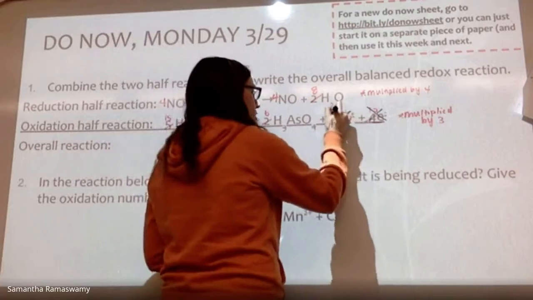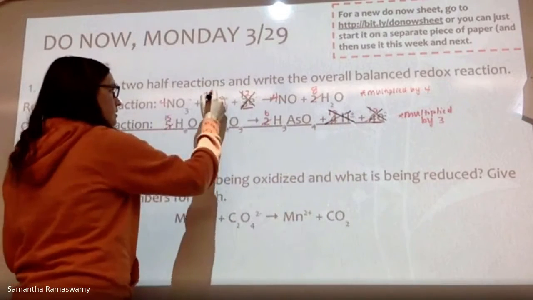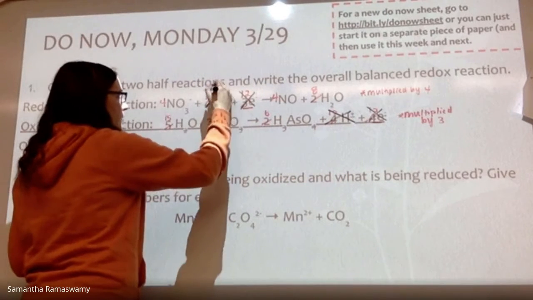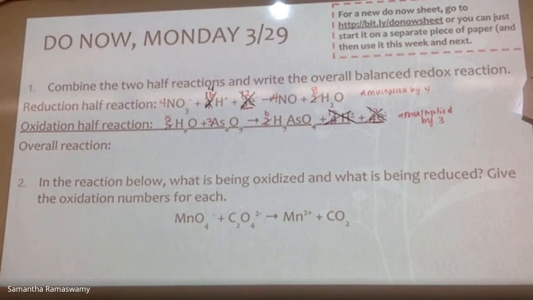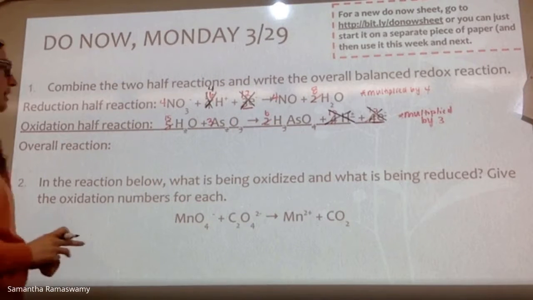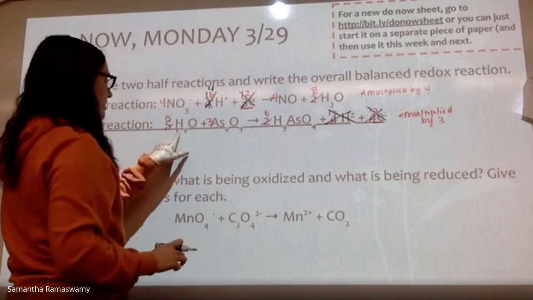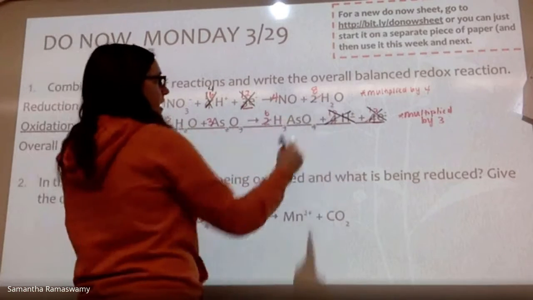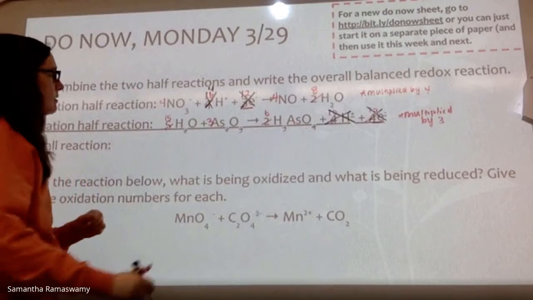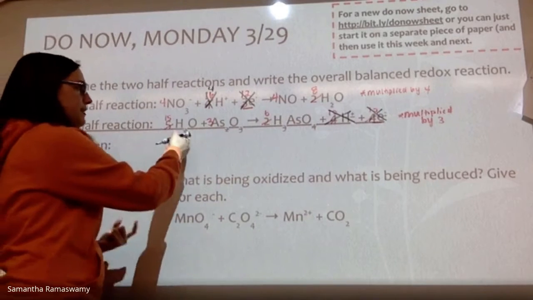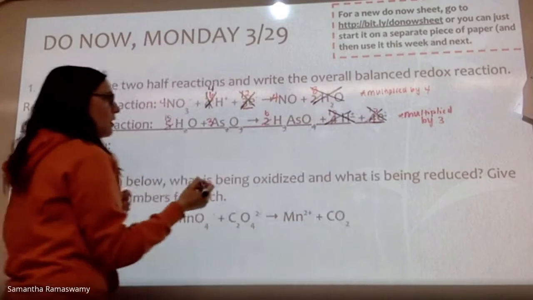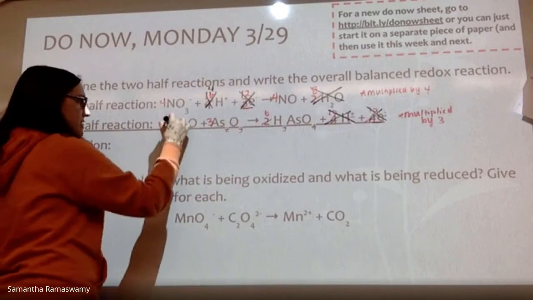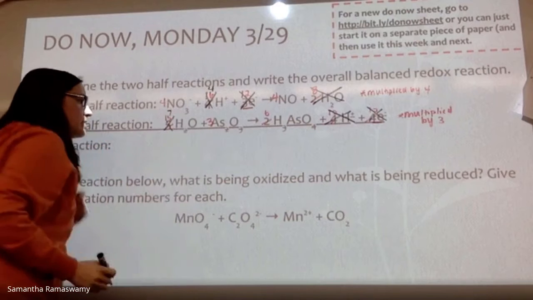So if 12 H plus cancel, 16 minus 12 leaves me with 4 H plus. Then keep looking. I see 15 waters on the left and 8 waters on the right. So again, not all 15 waters will cancel, but 8 of them will. There's 8 waters that will cancel. 15 minus 8 is 7.